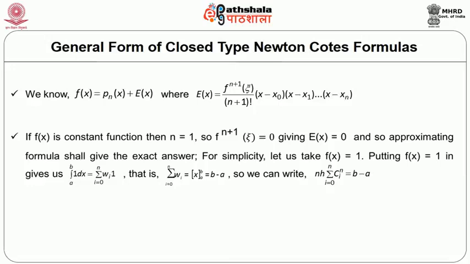And therefore we can say that our integral formula gives an exact result when f(x) is constant. Let us say f(x) equal to 1. So if f(x) is 1, the integral a to b of f(x) dx is the integral a to b of 1 dx, which is b minus a, that is equal to nh, and our Newton-Cotes integration formula is nh times the sum of NCi yi, because the integration formula is the sum of wi yi and the wi's are nh into NCi.